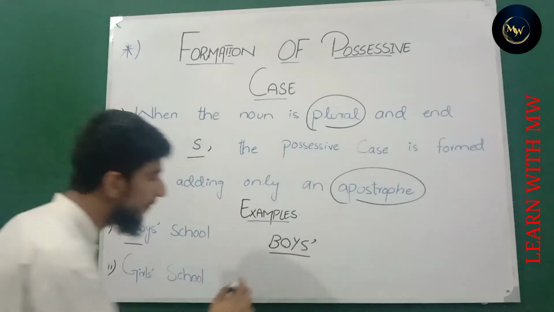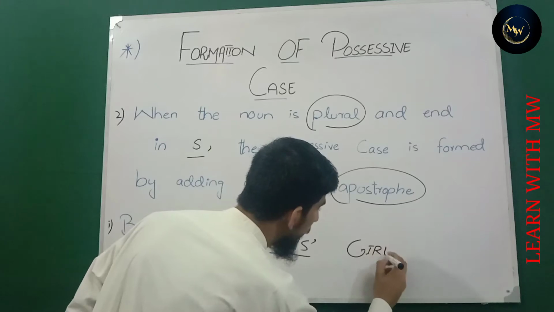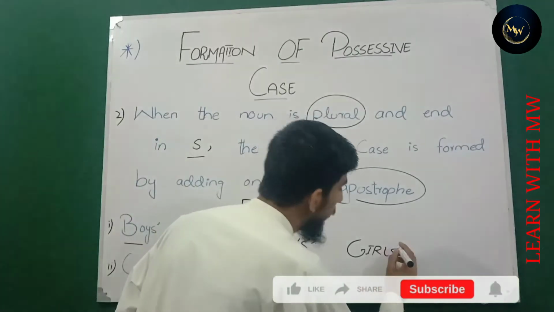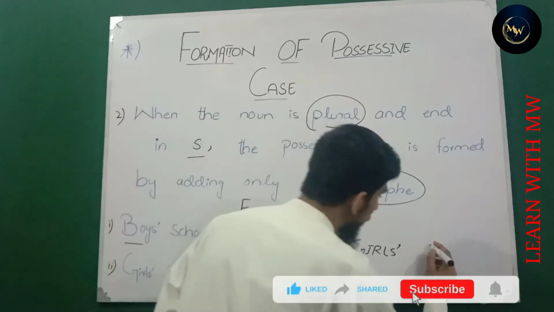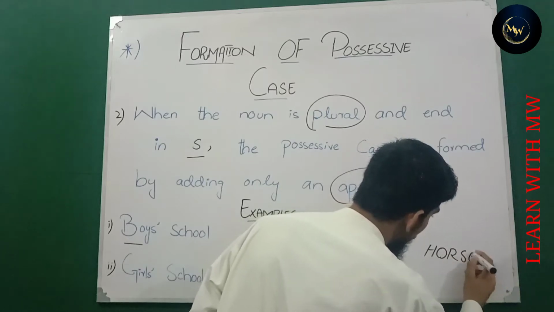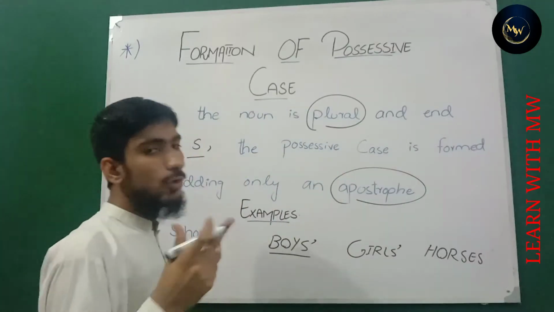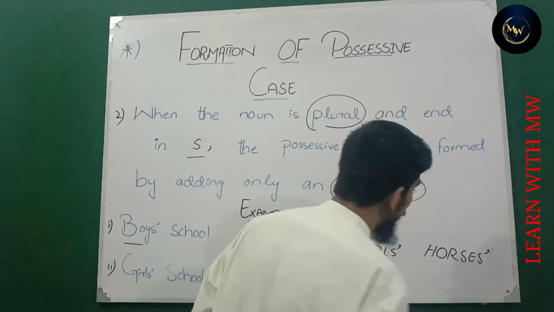Similarly, girls. Girls is also a noun and also plural, so its possessive case is formed just by adding an apostrophe. Similarly, horses. Horses is a noun and also plural, so its possessive case is formed just by adding an apostrophe.